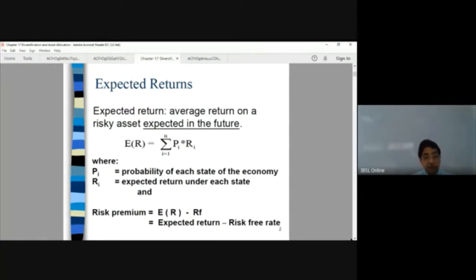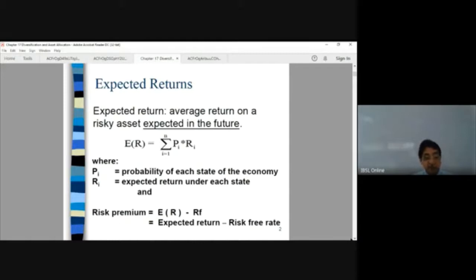It is the average return on a risky asset expected in the future. Either it is risky or not doesn't matter, but normally these probabilistic introductions are given on risky assets. So PI is the probability of each state of the economy, which you can remember now, and RI is the expected return under each state.